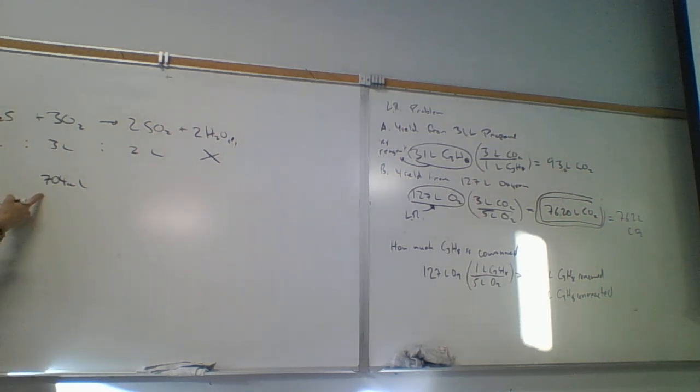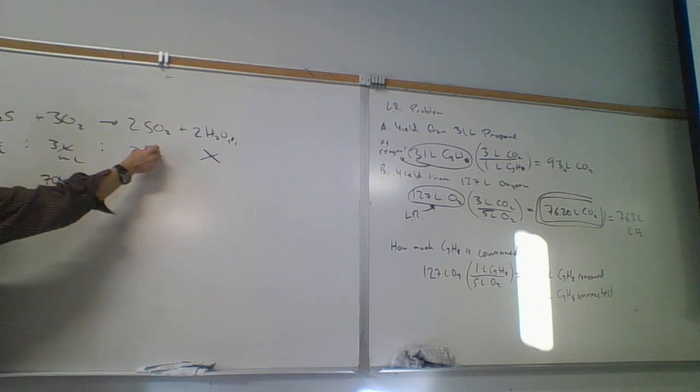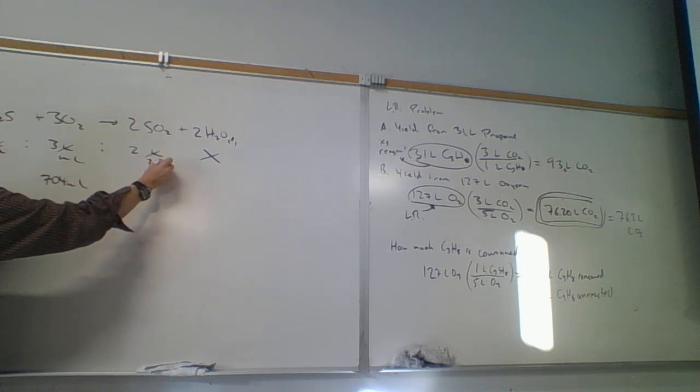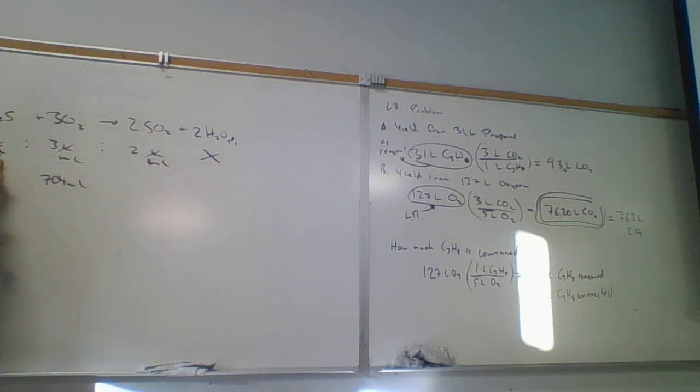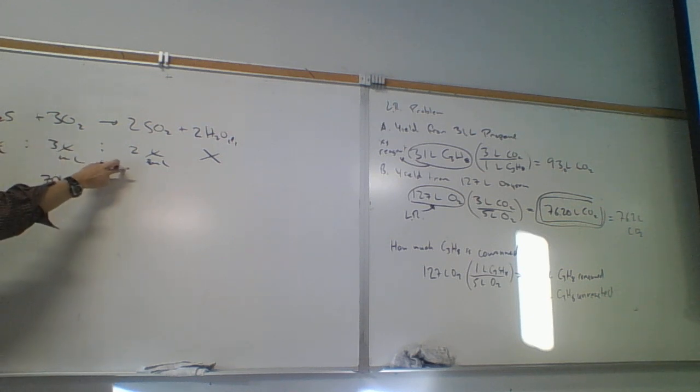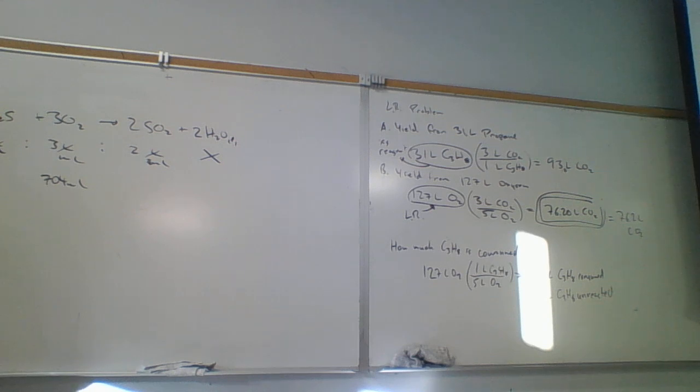If we have 704 milliliters, what I'm going to do is just change these to milliliters: 2 milliliters, 3 milliliters, 2 milliliters. We could use any unit here, 2 gallons, 3 gallons, 2 gallons. It's just going to be a 2:3:2 ratio with whatever units you want. So if I have 704 milliliters of O2, how many milliliters of H2S do I need? I can just do a volume to volume conversion rather than a mole to mole conversion.